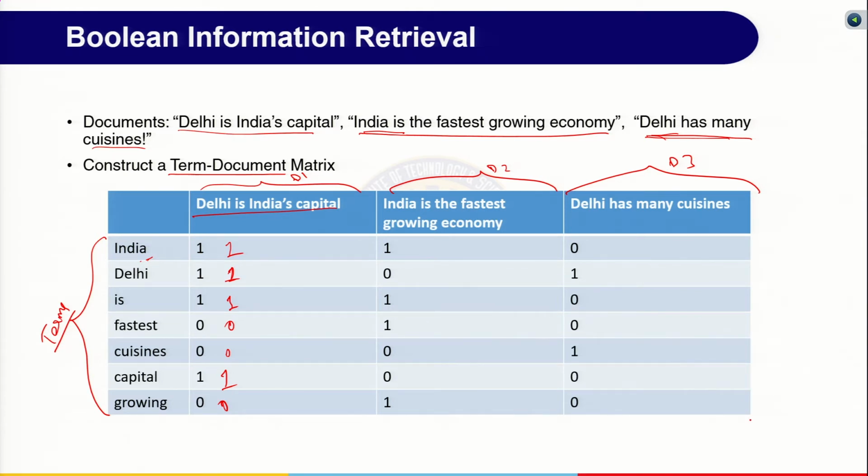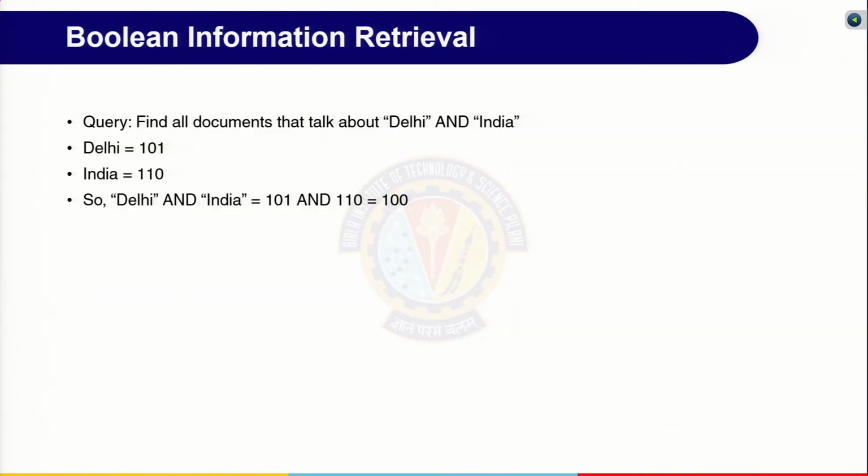Then what we have is a term document matrix filled with 1s and 0s, a 1 saying that the term is available in this document. Given this term document matrix, let us say I have a query: I need to find all documents which talk about Delhi and India. I first get all the documents talking about Delhi in a Boolean format. In document 1 it is there, so it will be 1. In document 2 I don't see Delhi, so it will be 0.